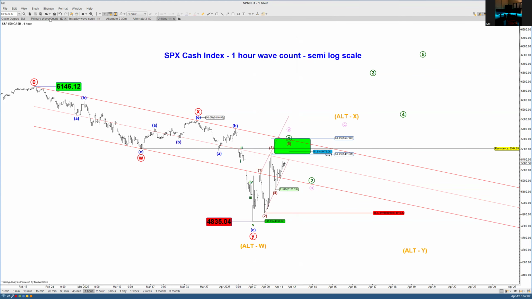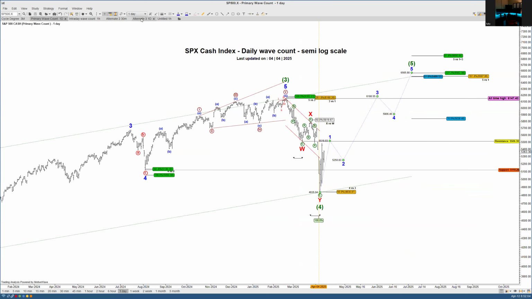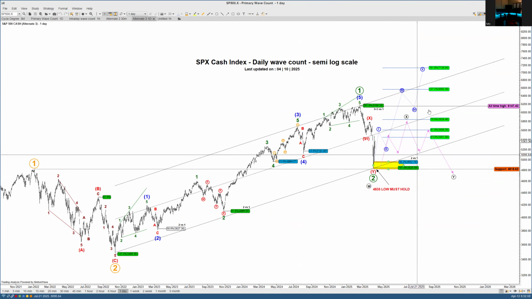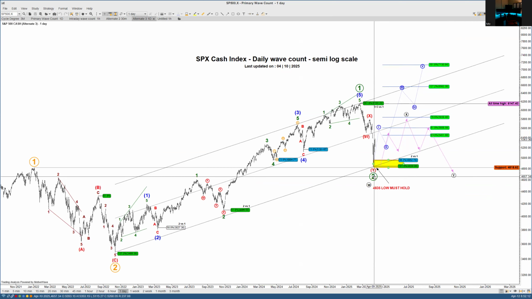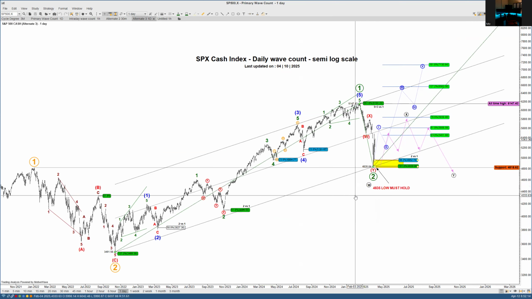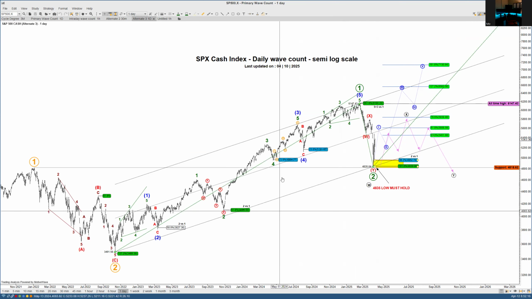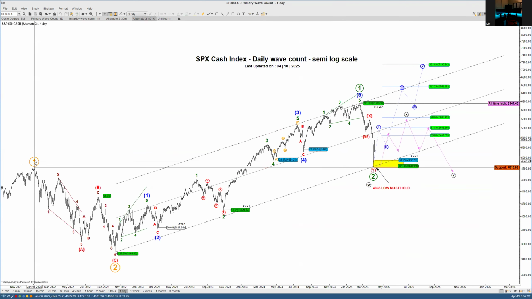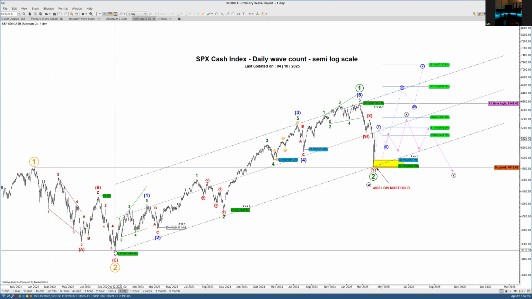Which I laid out here. Where's my other one? This one. This is the daily wave count. This is more aggressive as a 1-2 count, right? If we start looking at the bigger picture, it's a much more aggressive wave count. This is the bear market low.